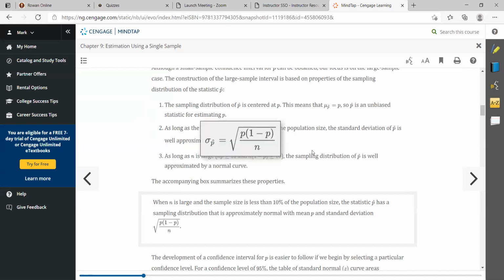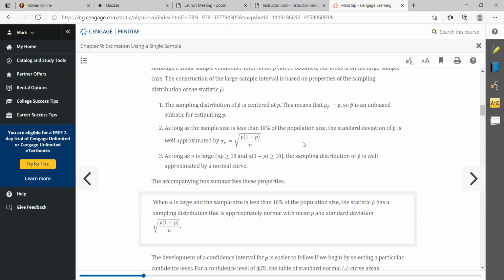Notice it is the square root of p times 1 minus p, divided by n. That's the standard error for the sampling distribution. We could just say it's the standard deviation of the sampling distribution, but standard error is typically used for this formula.